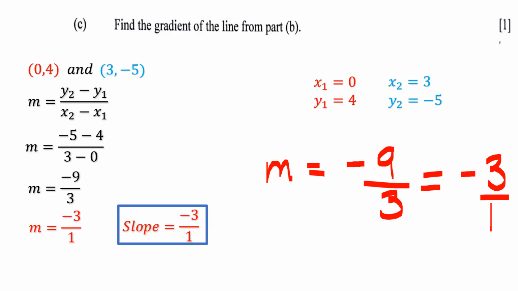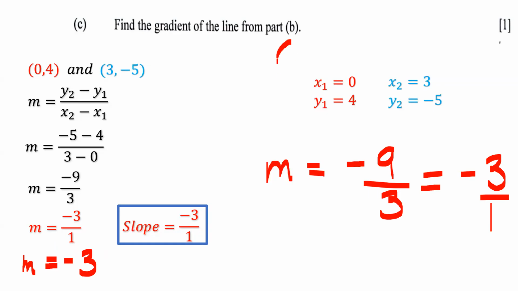We can continue and finish it off. So the slope is equal to negative 3 divided by 1, which is equal to negative 3. I would suggest that you simplify it. So m, the gradient, is equal to negative 3.